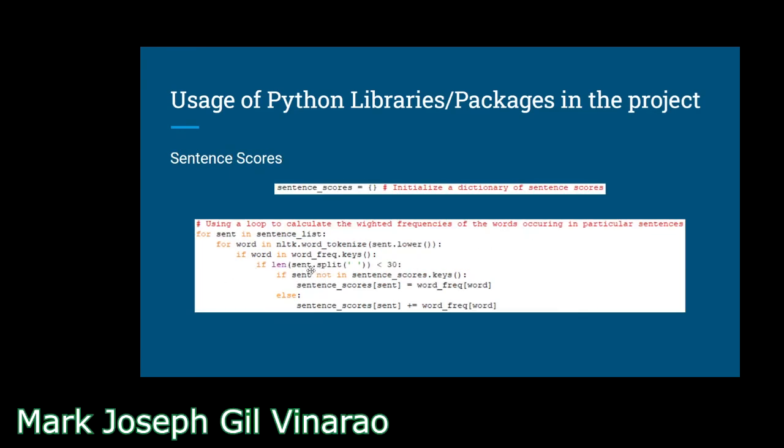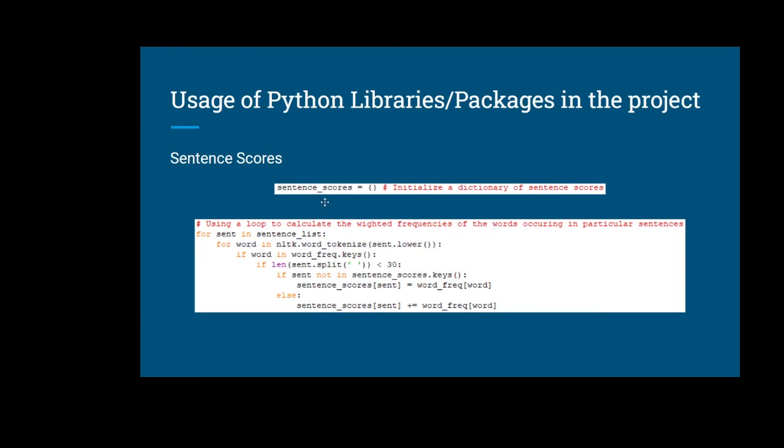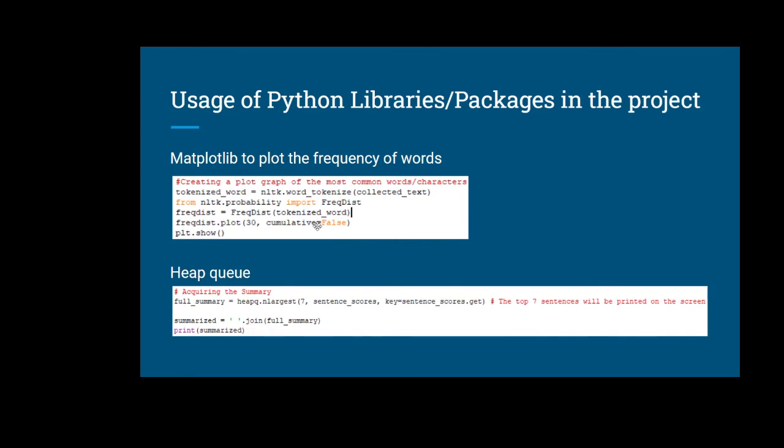For the sentence scores, we also initialize a dictionary and assign it to this variable. Basically, the code will just loop through each of the words from the previous results array and check the number of its occurrences. After getting results from previous code, we now plot those using matplotlib.